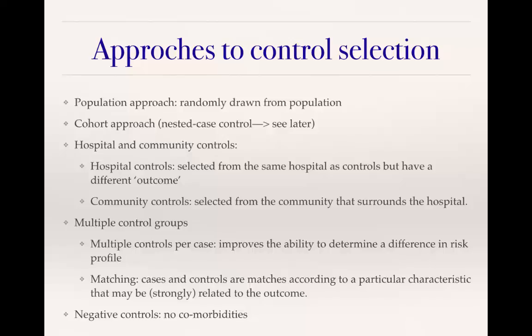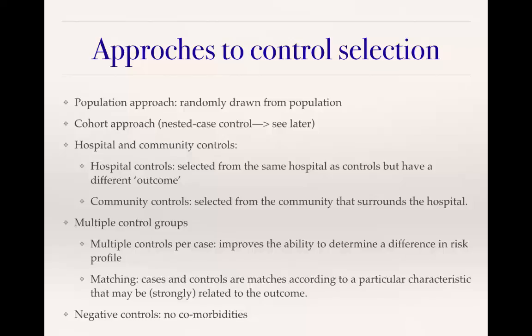This approach occurs in situations where population and cohort selection is not possible, but produces controls that appear similar to the case group. Hospital controls are controls who are selected from the same hospitals as the cases, except they are in the hospital for a different outcome. This type of control selection is more prone to bias because the hospital sample are inevitably biased just by the fact that they're in hospital.